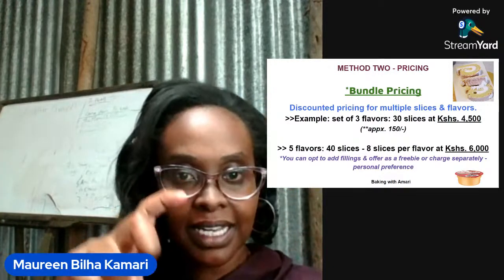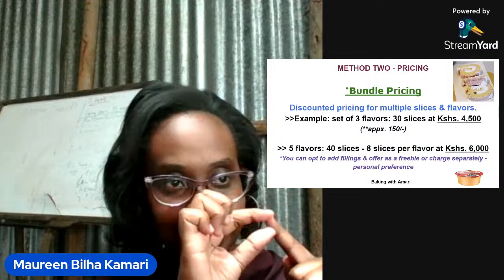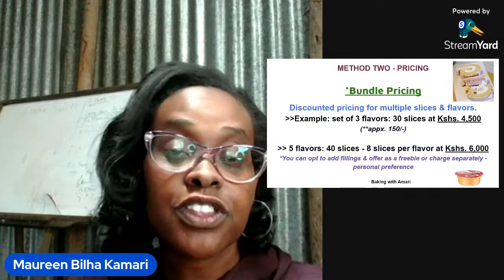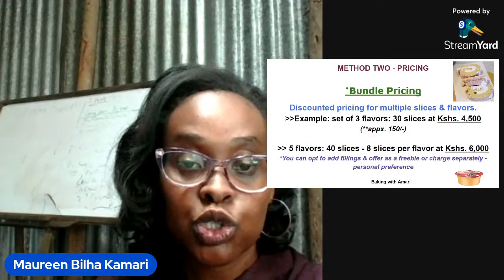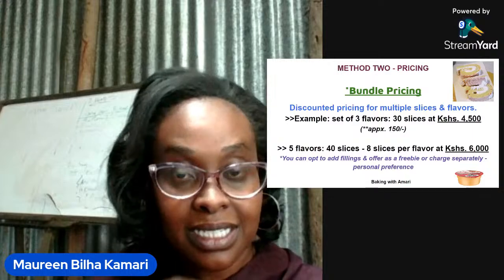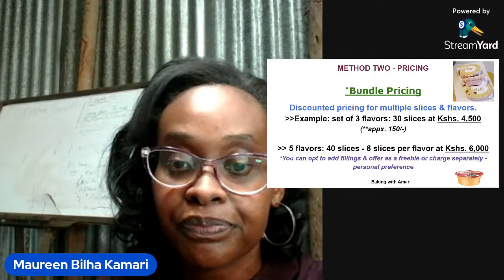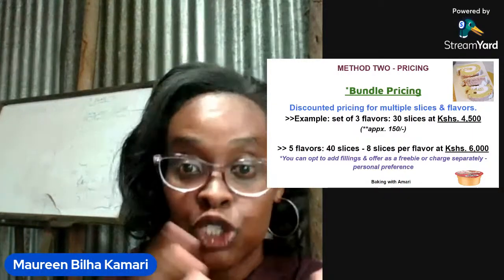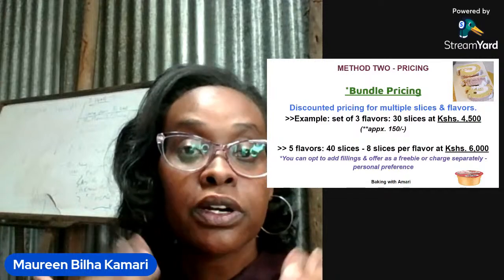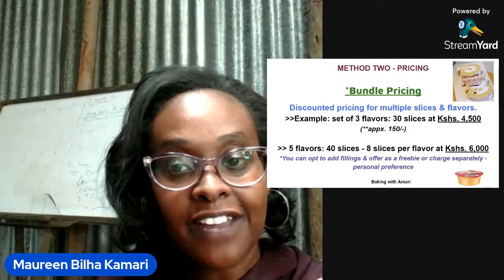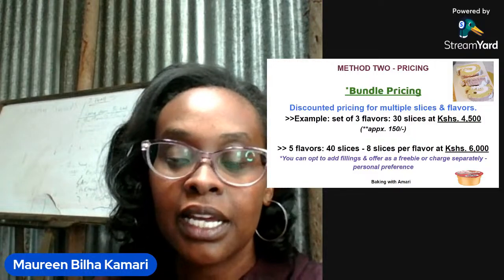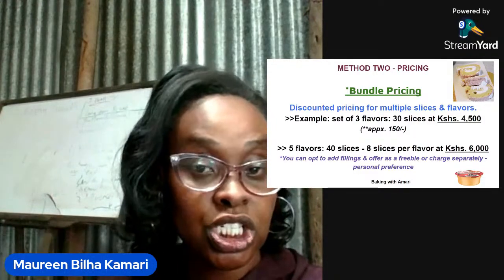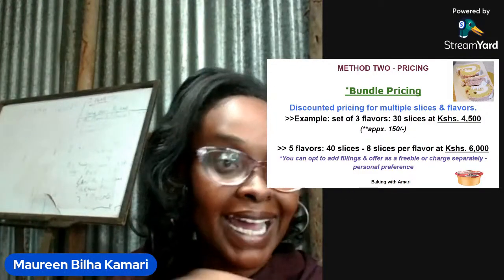Okay, you're going to make the cake and put it inside. Or you can offer the filling on the side so that people can taste it by itself. If you're that type of baker, you can either choose to offer that as a freebie, like the tiny little containers you can see here, or you can charge it separately. Personally, I never used to charge it separately. I figure if I've charged you the bundle, I've included the cost of doing the filling inside. But every baker is different. You can choose to just charge that by itself.